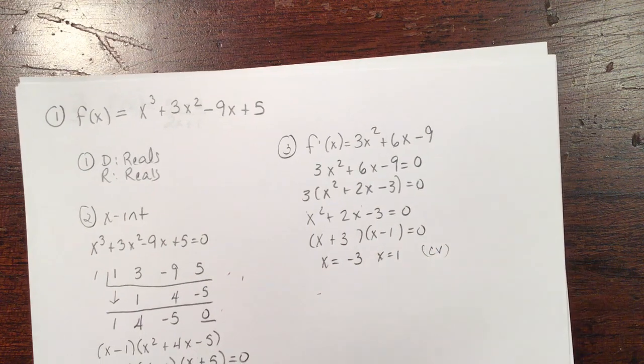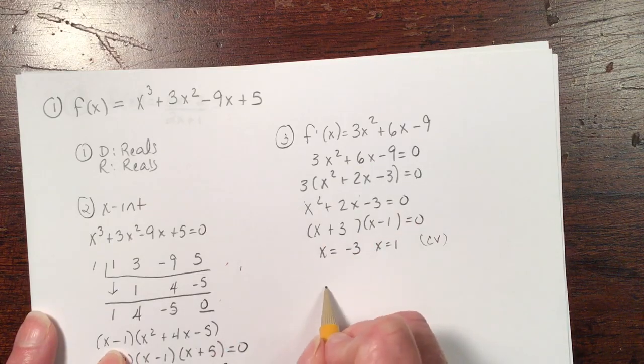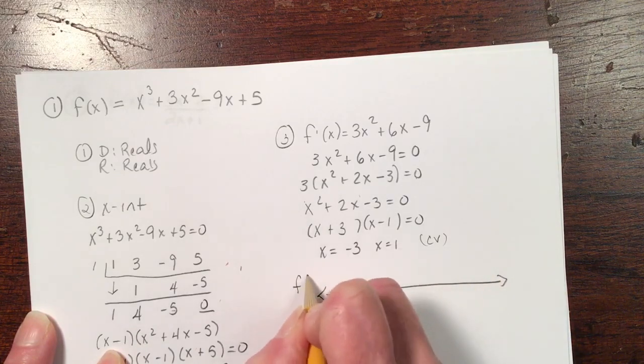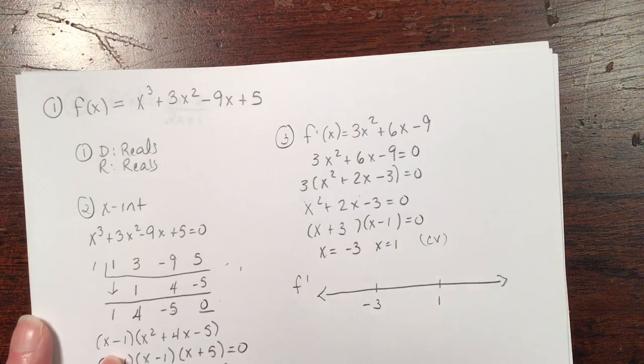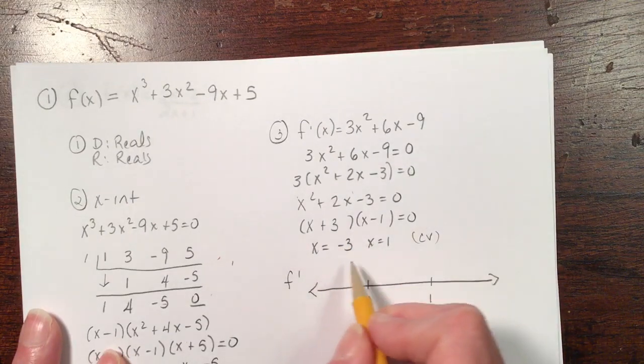And what do we do with these critical values to see where the function is increasing and decreasing? We put them on a number line. This is my f prime number line, negative 3 and 1. Now I'm going to give you a few seconds to kind of work through your signs on your number line. Okay, so I'm going to let you do this work on your own.